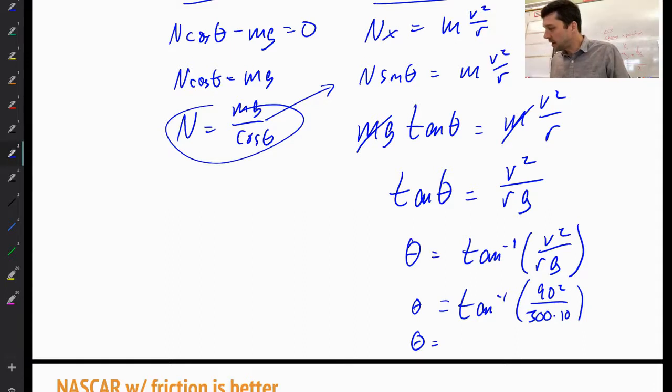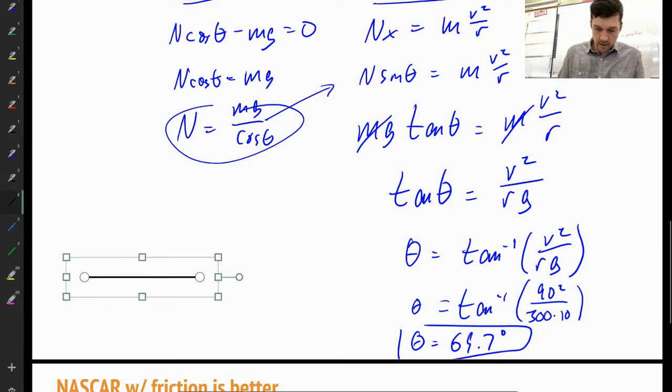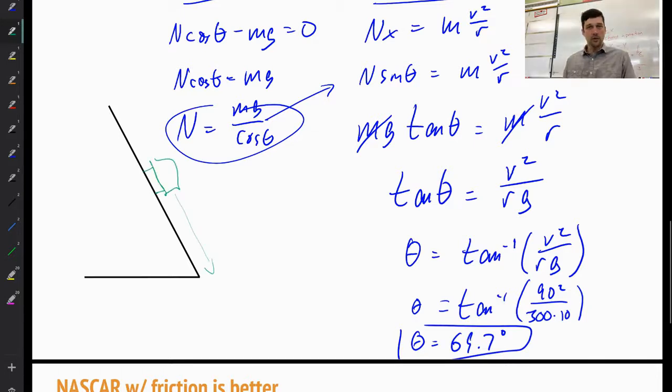It's going to give me an angle of 69.7 degrees. That is talking about a track which is angled somewhere around this. You're going to put a car on that. If your car breaks down, you are sliding down that track into a ball of fire. You don't want that. So a 70-degree bank track, not quite so realistic.